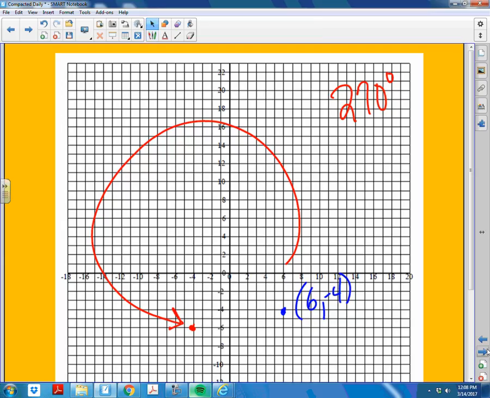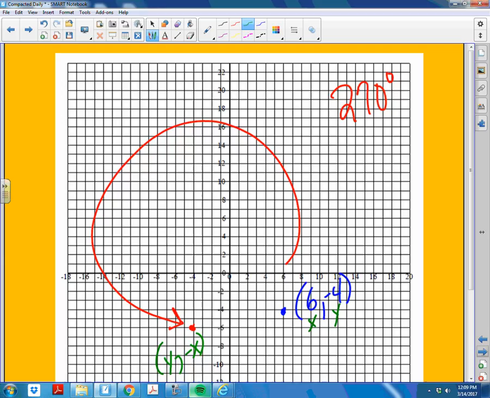But how does the rule apply then? This is a 270-degree counterclockwise rotation. Yes, and on your thing it shows what changes. It shows that xy went to y negative x, which it did. The y became the x, and then the x becomes a negative.